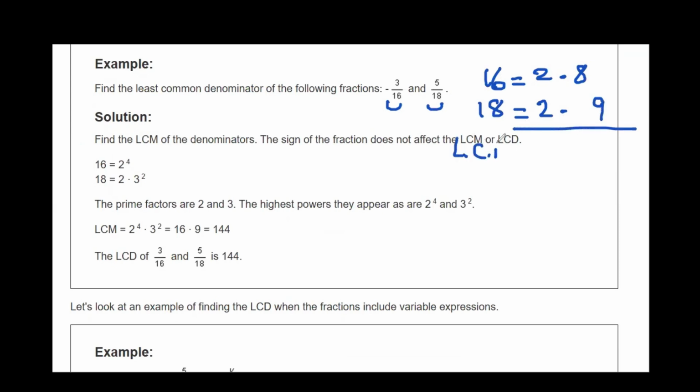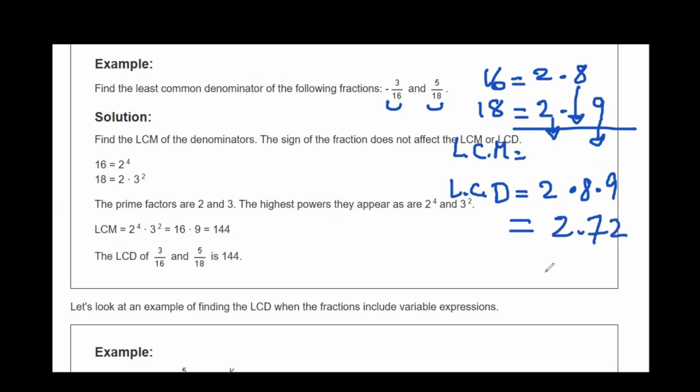So least common denominator is 2 times 8 times 9, which is 2 multiplied by 72, which is 144. This is the least common denominator.